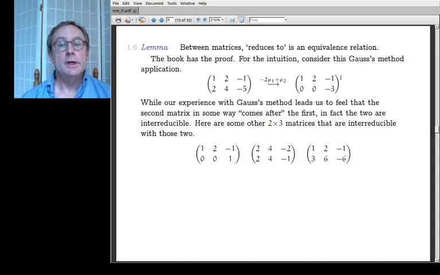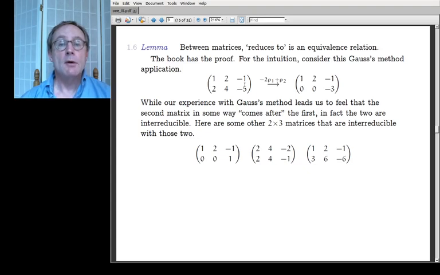And the intuition is exactly that. Although we think of this matrix here as being somehow after this matrix, that's not really sensible. We can in fact go from this matrix over to this matrix, and I do that sometimes when I'm making homework problems. In fact all of these matrices 1, 2, 3, 4, 5 are interreducible. They're all collected together in some sense.